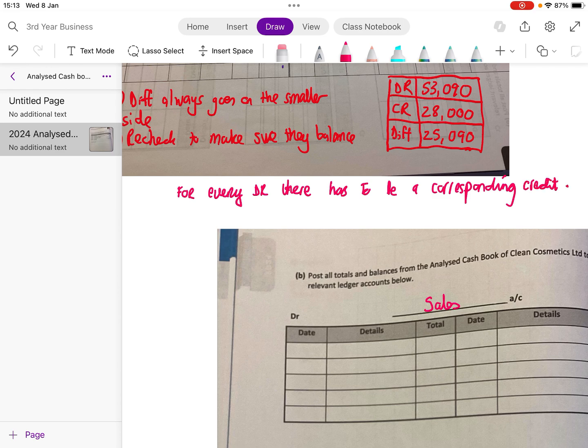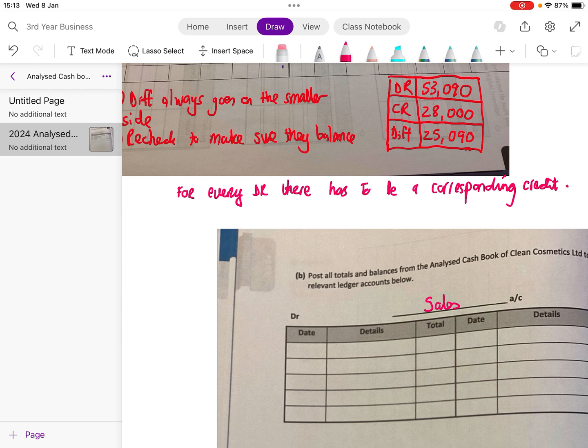My debit side and my credit side will always end up balancing. You'll see that in your trial balance. If something is on the debit side once, it automatically means it's going to go on the credit side. If something starts off on the credit side, it's going to go on the debit side. So for example, my sales are on the debit side of my cash book because there's money in, so they'll go on the credit side of my general ledger.